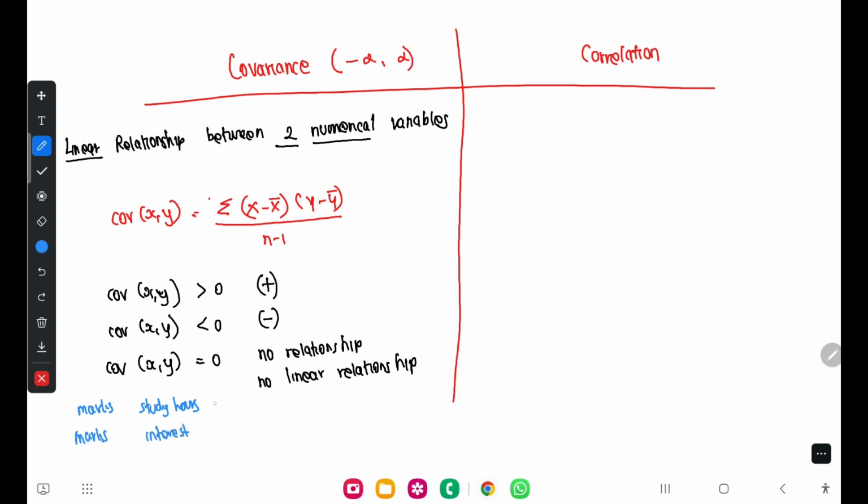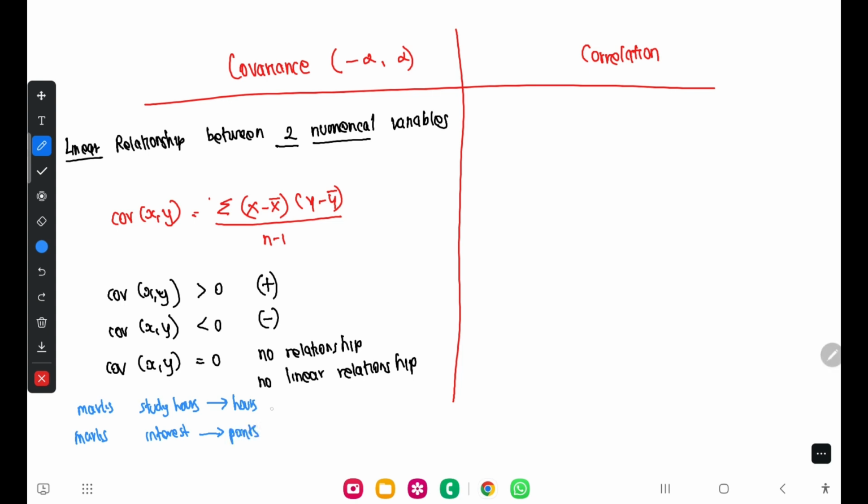Let's say we measure the study hours in hours, and for interest I've asked everyone how many points they give on a scale of 1 to 10 for their interest in the subject of stats. So I'll give it like points here.